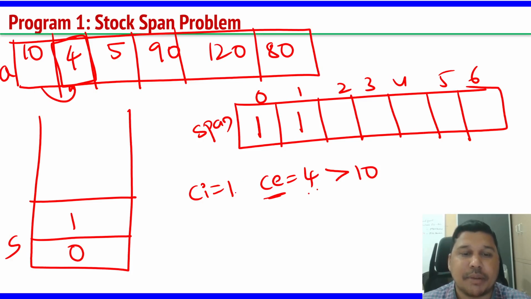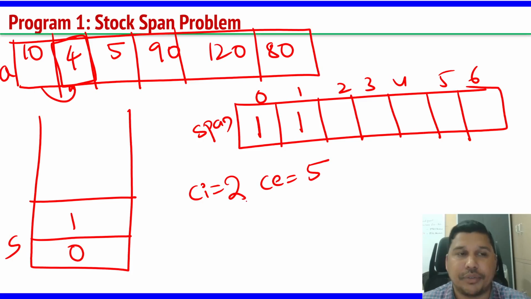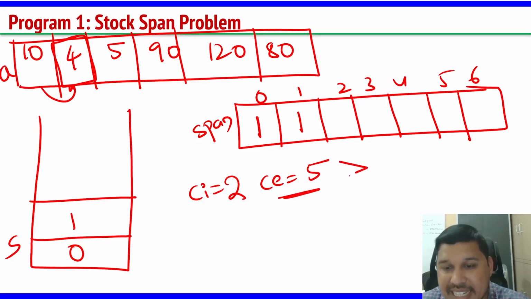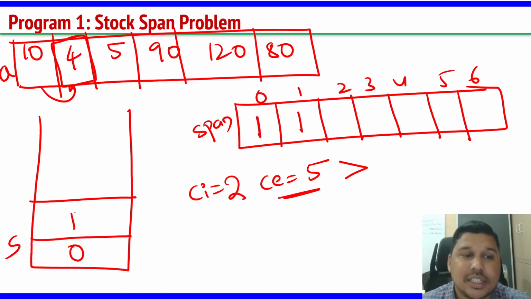The current index becomes 2. And what is the current element now? The current element is 5. Now, what you have to do? Check if 5 is greater than the stack top index element.